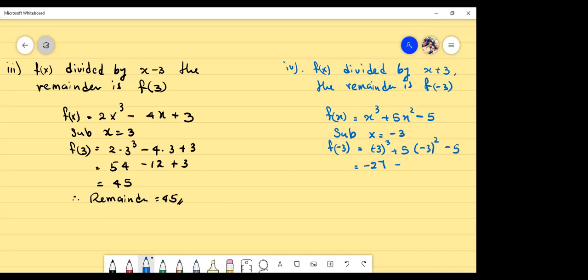Minus 27, plus 5 times 9, minus 5. Remainder equals 13.